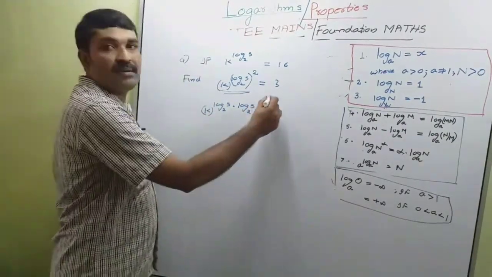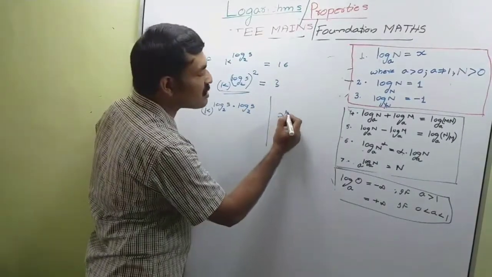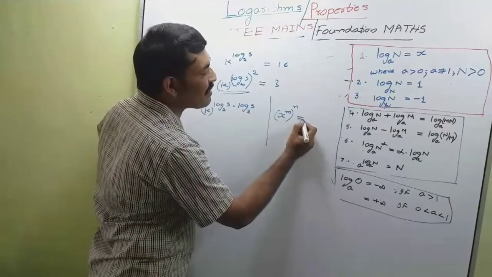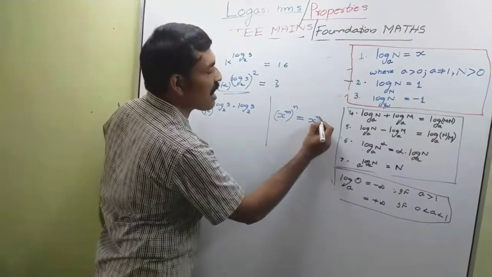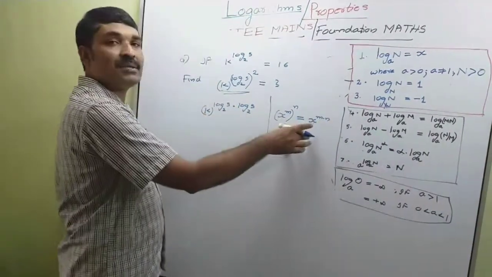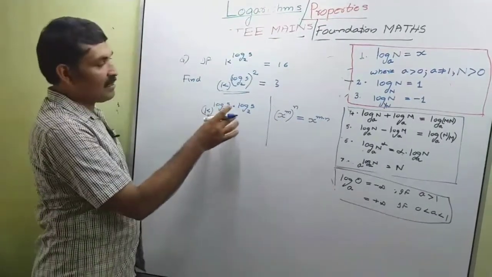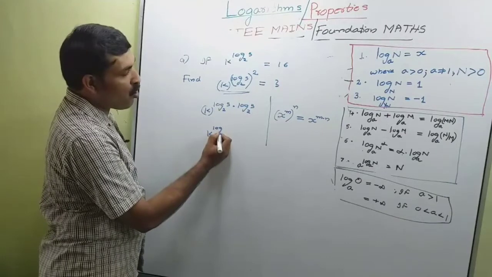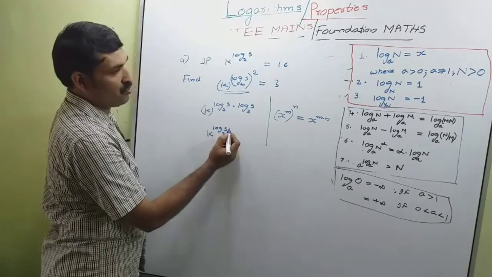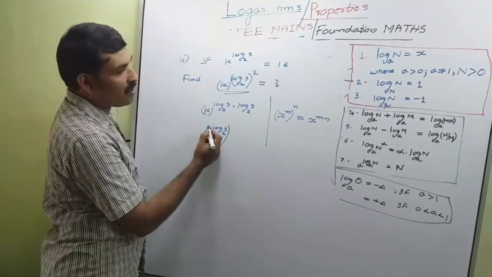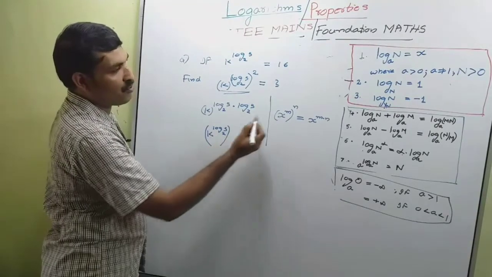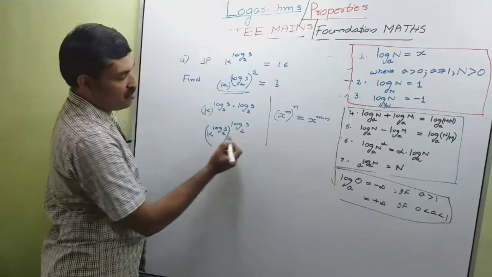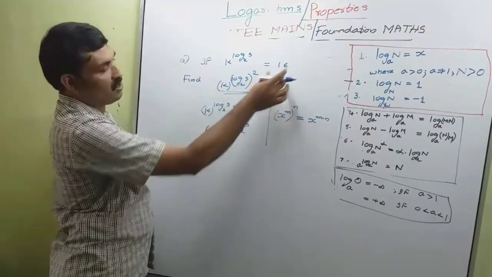Now using this, x raised to m whole raised to n can be written as x raised to m into n. So using this relation, we can write this as k raised to log 5 to the base 2, this whole raised to n, that is log 5 to the base 2. The value of this factor is equal to 16.